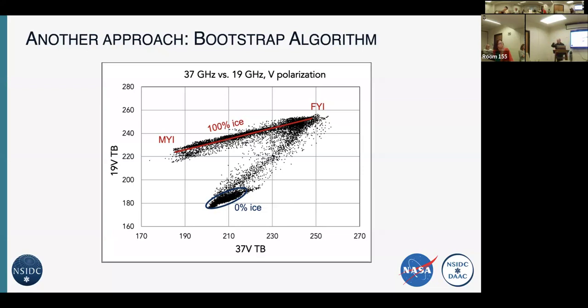Instead of a straight flat line, this is a sloped line. But essentially the same thing. It's empirically derived. It's just using different channels. People can argue about which one is better. It depends on the conditions and what you're looking at. They both have scatter and errors, but they both very clearly delineate ice from water.